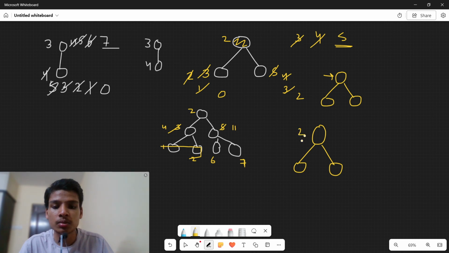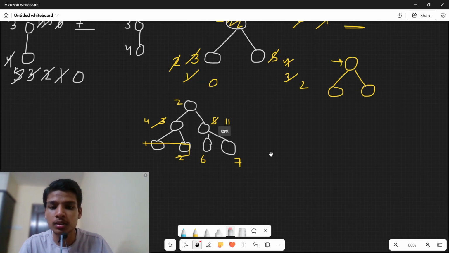If this value is 2, this value is 3, and this value is 4, the final answer would not be this plus minimum of both of them. Let's simulate the case. This would become 1, this would become 3, this would become 2.